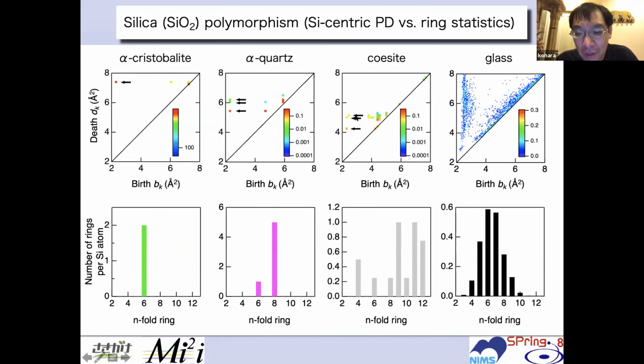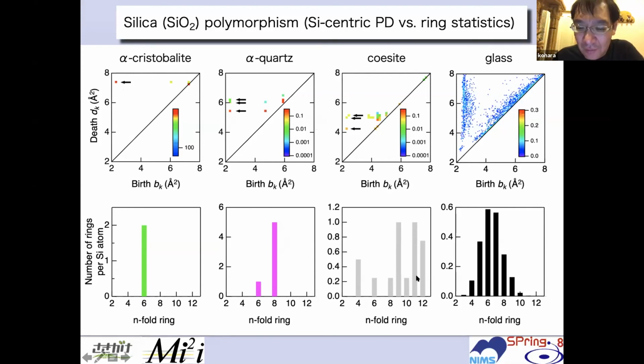But for instance, in the cristobalite case, it is very simple because the density is very low. So the 6-fold ring and base is very large, which means the 6-fold ring is very symmetrical. If the 6-fold ring is buckled, probably this volume should be small. This logic is very obvious in cristobalite.